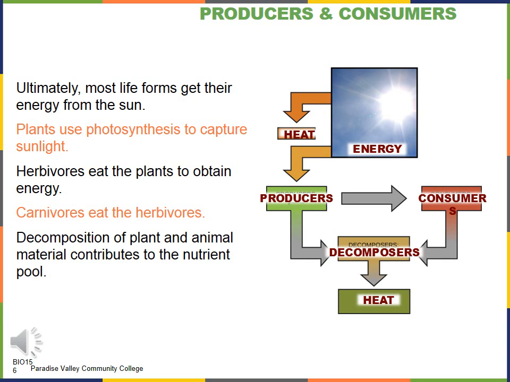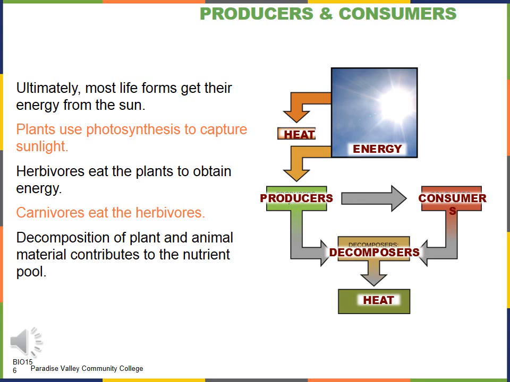This slide is a really good depiction of how heterotrophs and autotrophs utilize energy. And we're going to have another series of classification names here. Producers are just another name for autotrophs, and consumers are another name for heterotrophs.